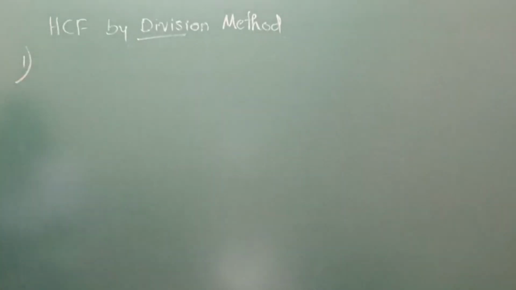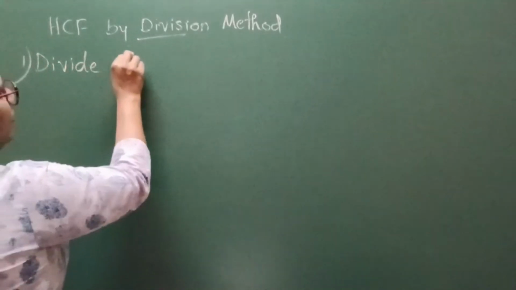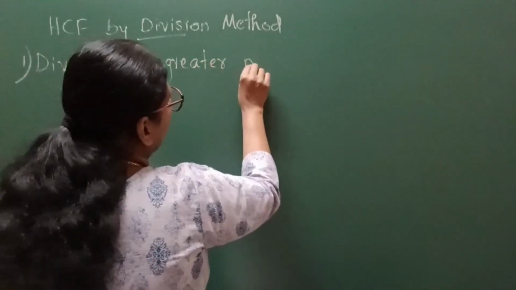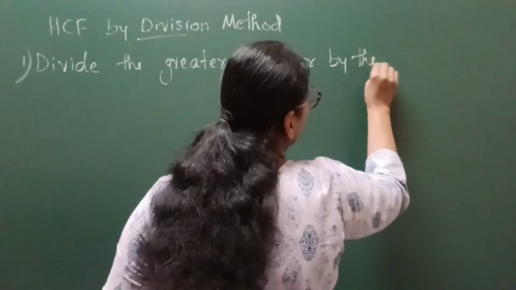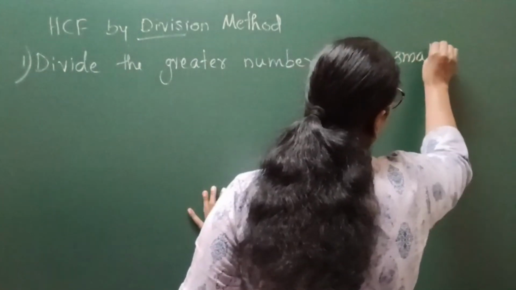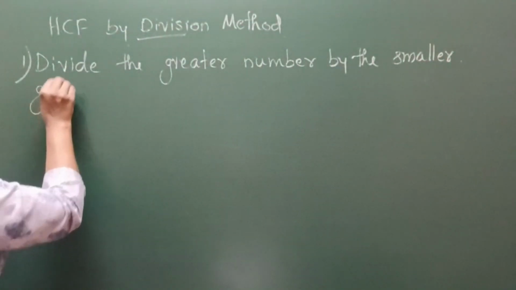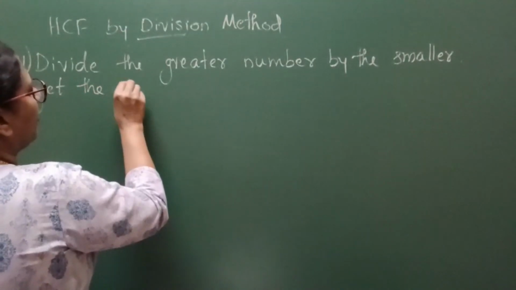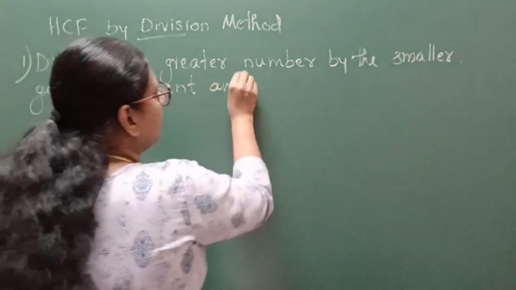The first step is to divide the greater number by the smaller number and get the quotient and remainder.